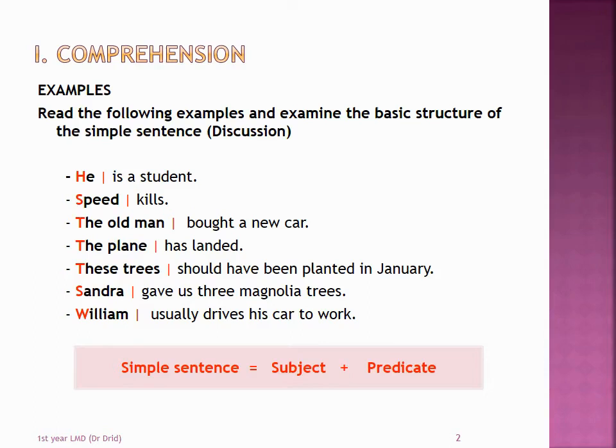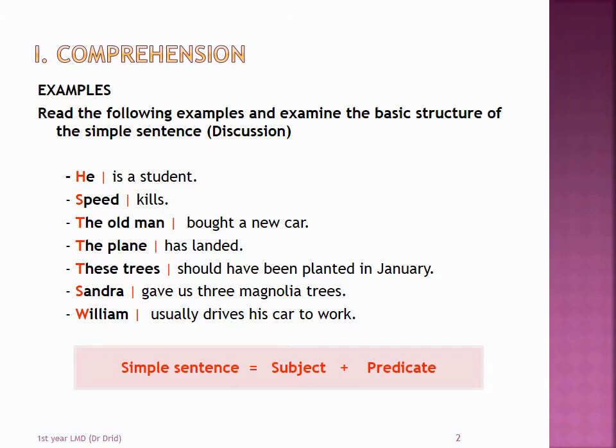The plane has landed. These trees should have been planted in January. So these trees then should have been planted in January. Sandra gave us 3 magnolia trees. We are speaking about Sandra. Then we are saying, gave us 3 magnolia trees. William usually drives his car to work. William is the subject and usually drives his car to work.